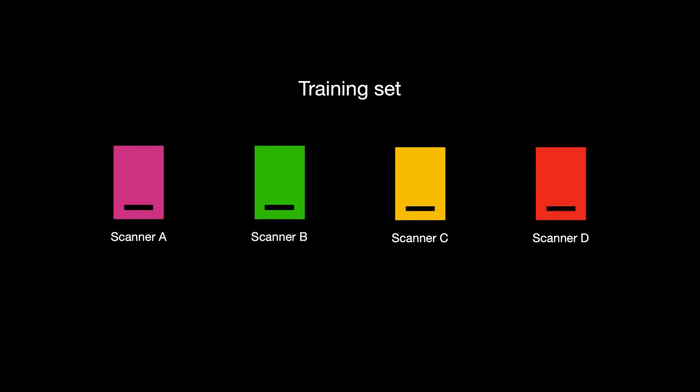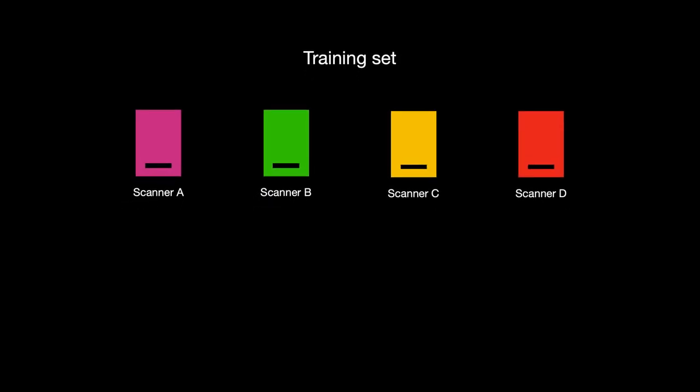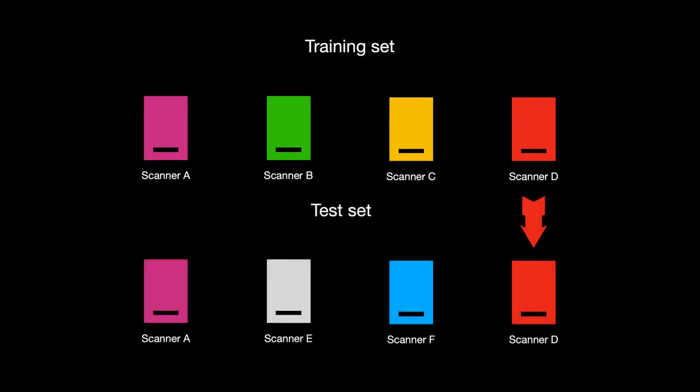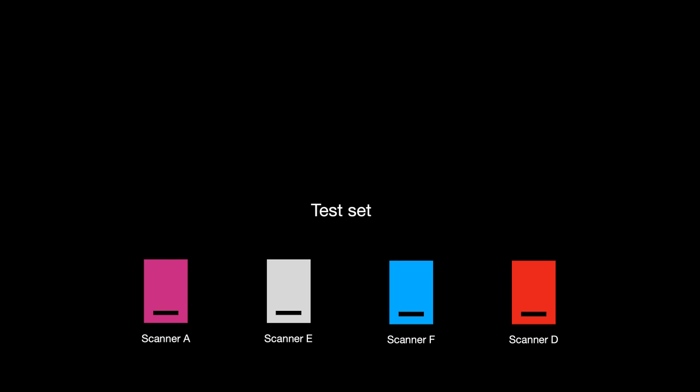This last scanner, scanner D, will also be part of the test set, and so is scanner A. Scanners B and C, however, are not part of the test set, but they are images acquired by 2 more scanners that we don't disclose at this point in time.